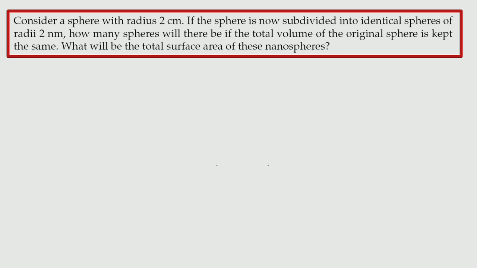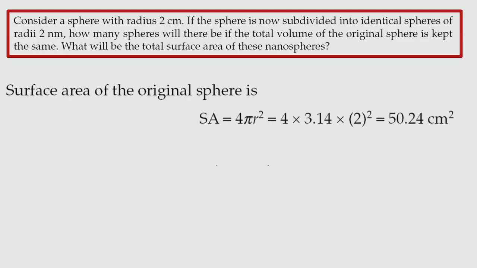So what will be the total surface area of these nanospheres? A similar example we saw yesterday with respect to the cubes, right? If you quickly look at this answer, it's very simple to do.